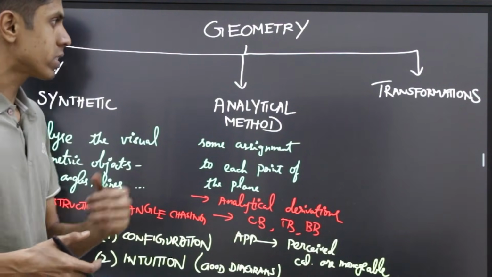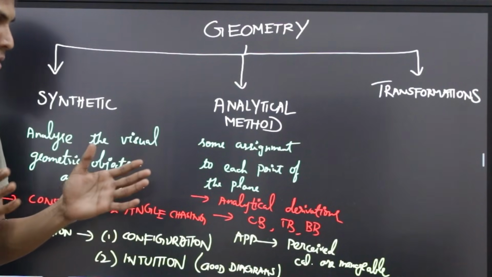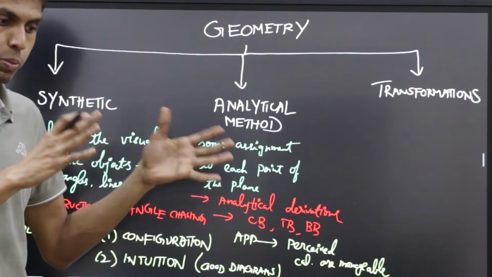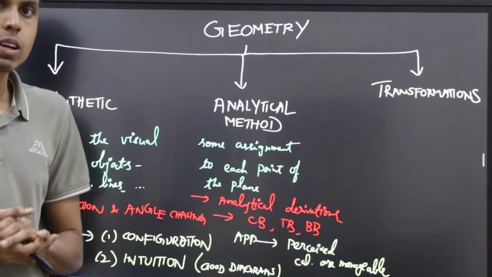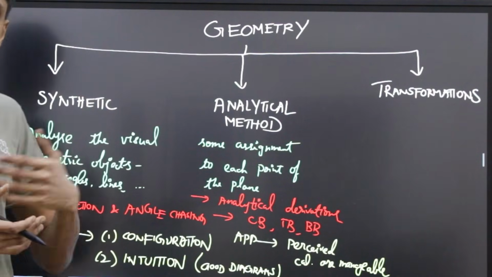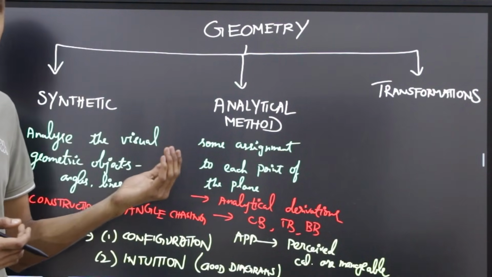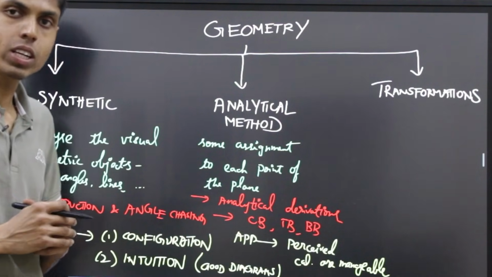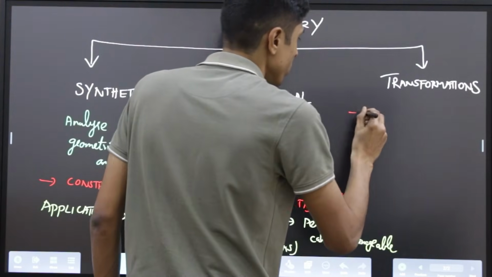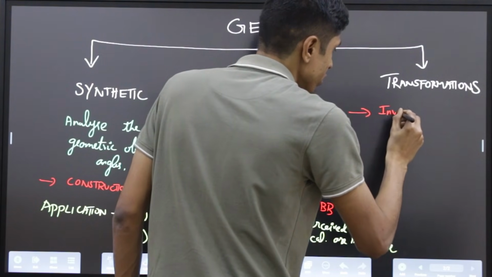As the name suggests, it involves transformations. You transform your space under consideration to itself by some function, maybe linear, maybe non-linear. One such example is inversion. Inversion is a non-linear transformation. So we have inversion here.